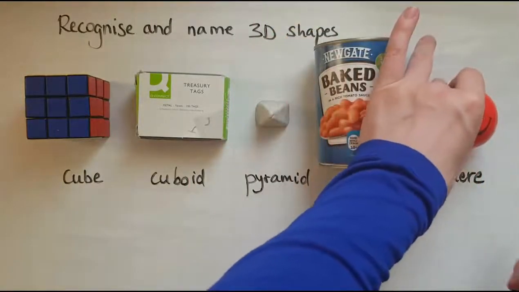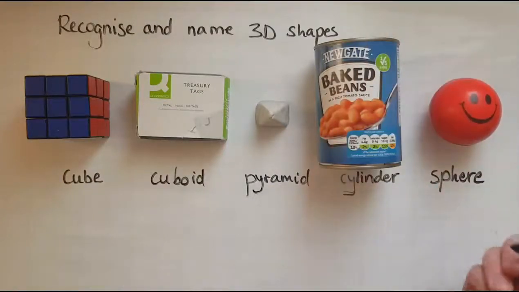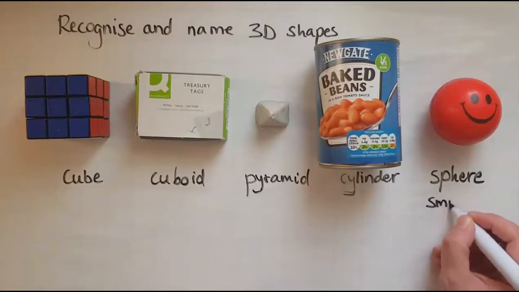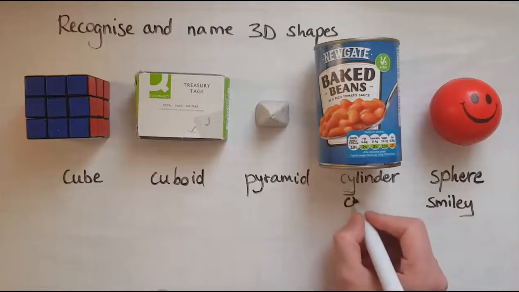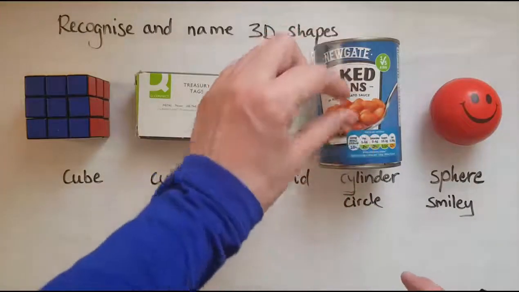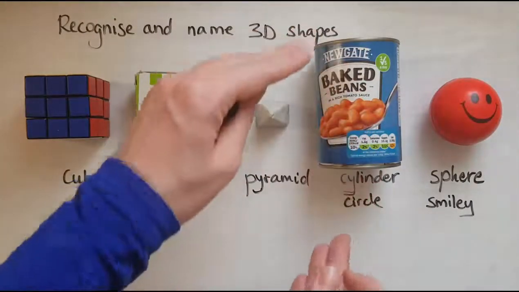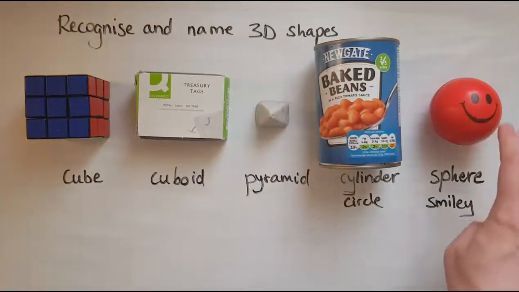So perhaps that smiley face, which begins with S, like the sphere, might help you remember. Smiley, sphere. Cylinder, circle. So circles on both sides, and that L is there to show it's a long cylinder. So you wouldn't confuse it with a sphere, which has a smiley face on. So these are some clues to help you remember the names of these shapes and recognize them.